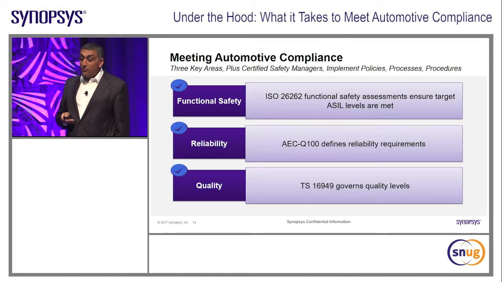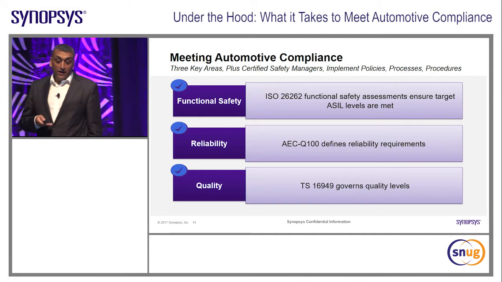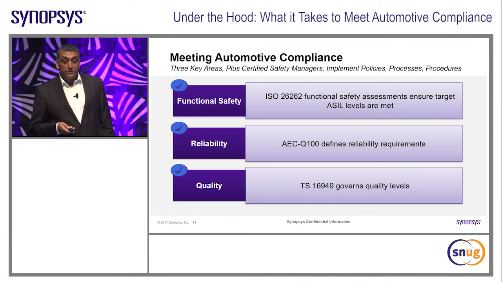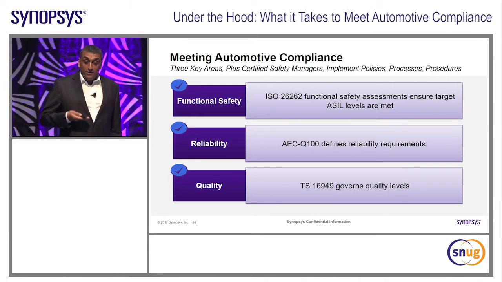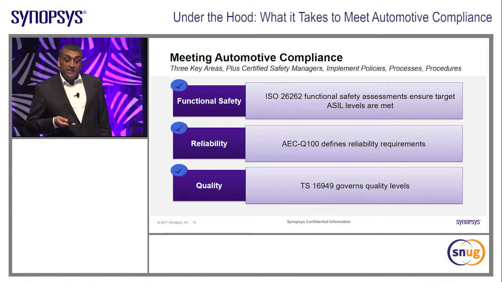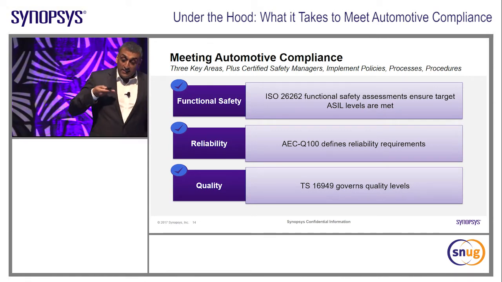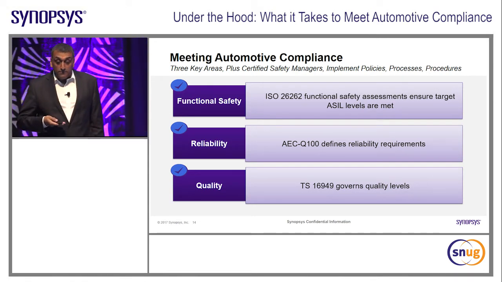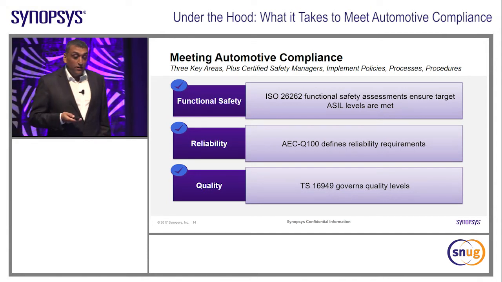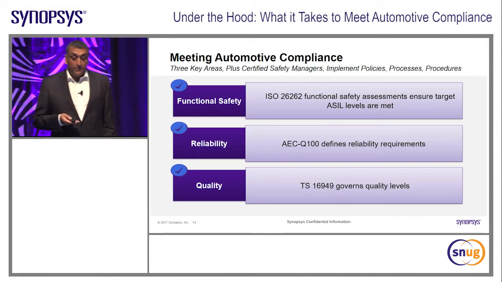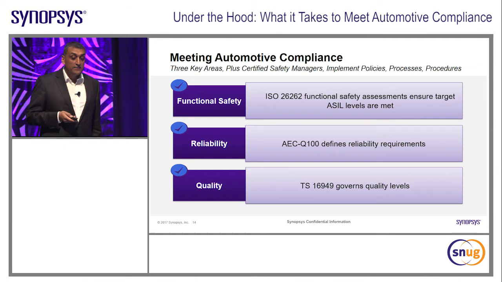So just to summarize the three areas, so ISO 262, functional safety assessments, you have a concept called ASIL, which defines the integrity of the automotive safety level, A, B, C, D. For reliability, you have AEC Q100. And for quality, you have the standard called TS 16949.